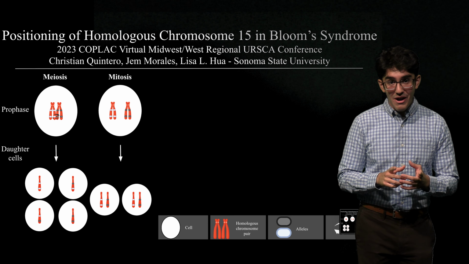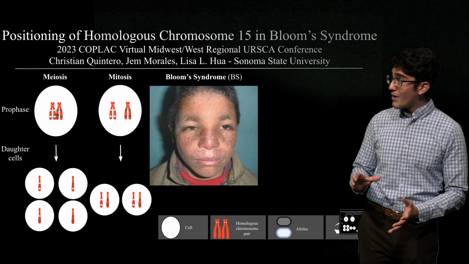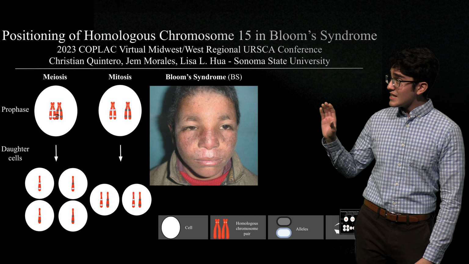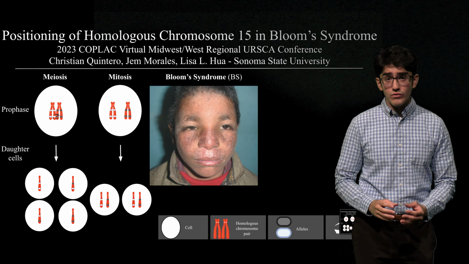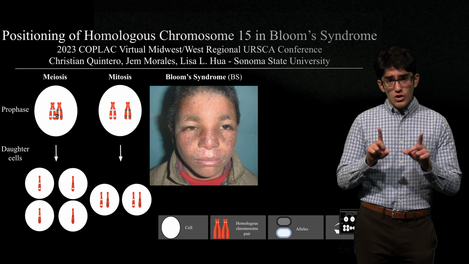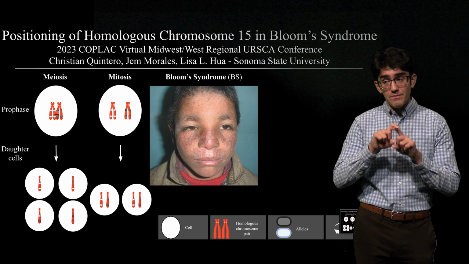So for a little bit of background, Bloom syndrome is an autosomal recessive disorder characterized by sunlight sensitivity, stunted growth, immunodeficiency, and predisposition to cancer. And at a microscopic level, what they found is there are implications where chromosome 15 does abnormally go through mitotic recombination.